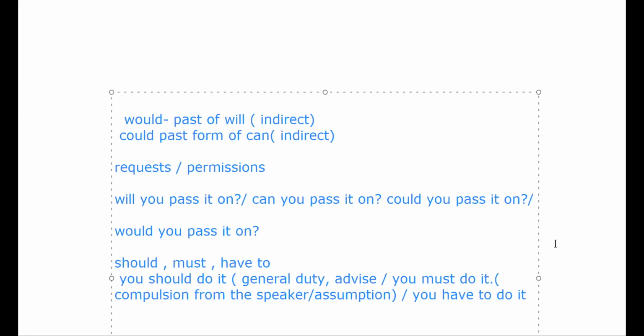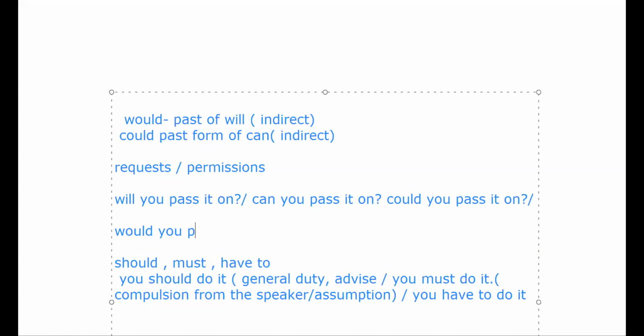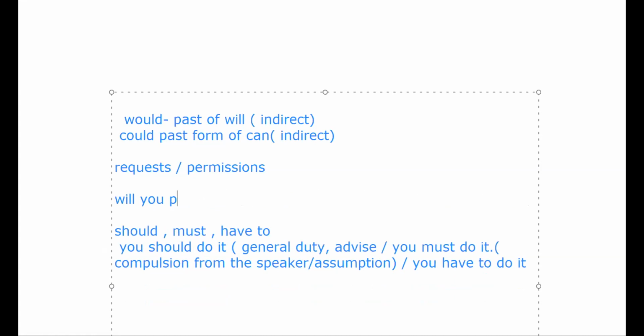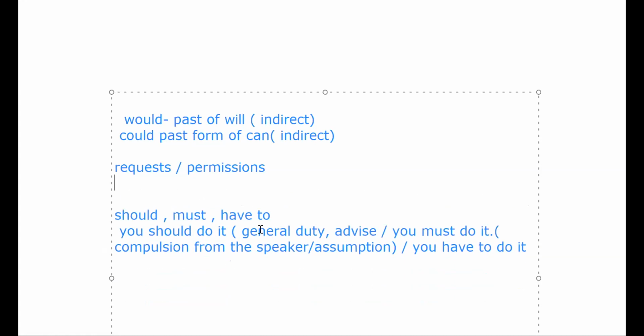Then what about have to? Okay, guys, have to. That is also compulsion, but compulsion not from the speaker, compulsion by the circumstances.